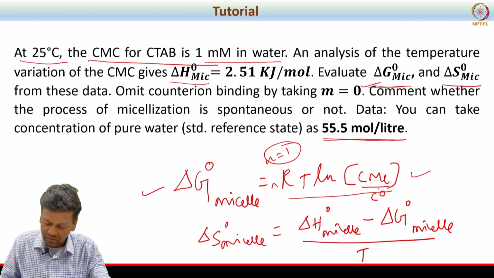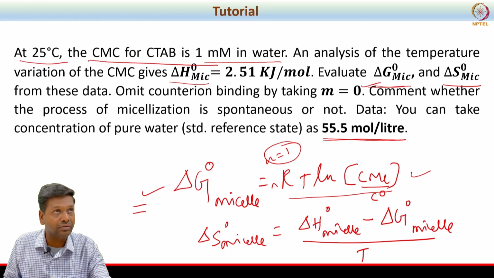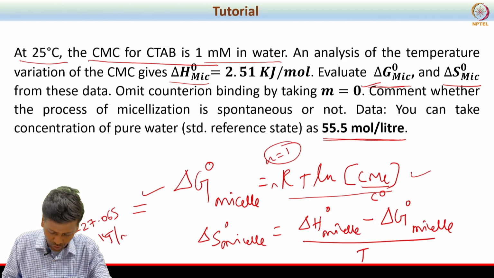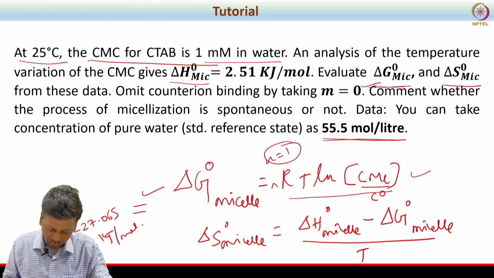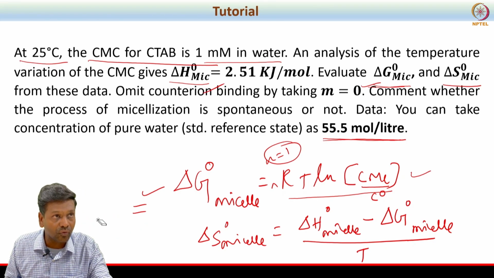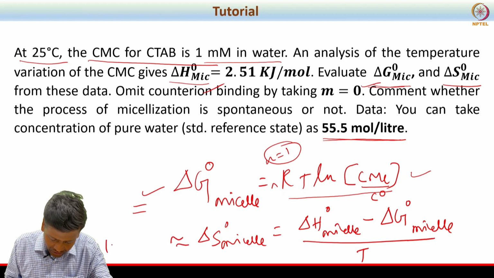So when you substitute this, you would get the value for delta G micellization at standard reference state as minus 27.065 kilojoule per mole, right. Now, when you substitute this into this equation, because delta H micellization is also given, your delta S micellization will be approximately 100 joule per mole Kelvin.